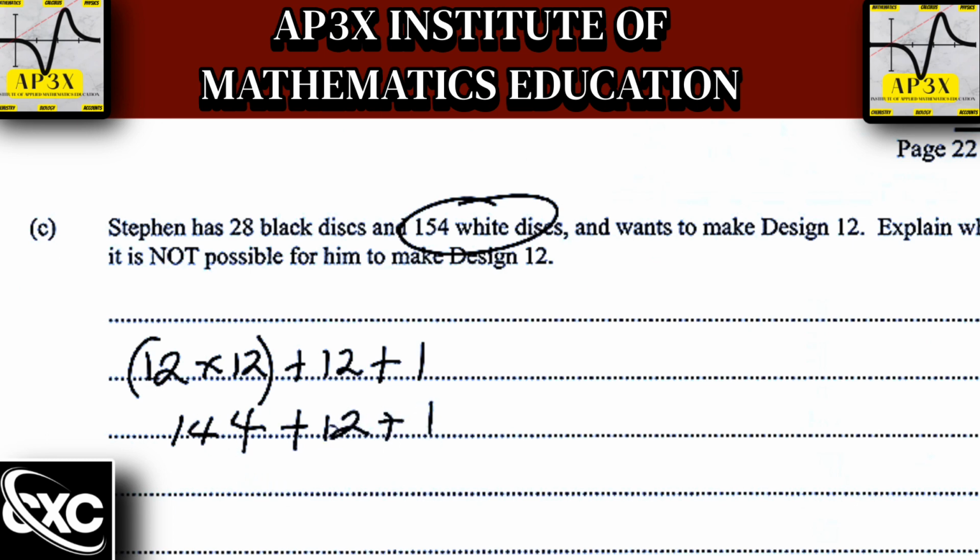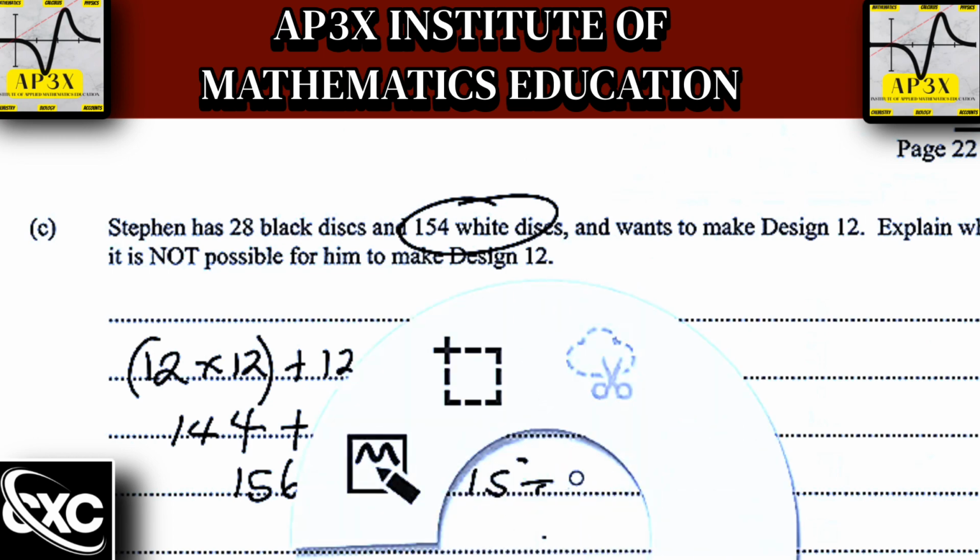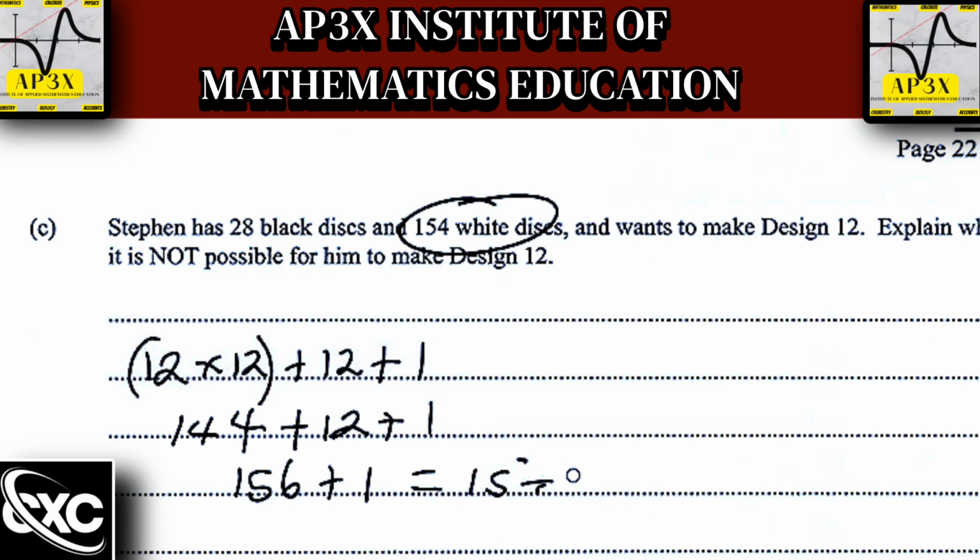So 144 plus 12 is 156, plus 1 is equal to 157. So it requires more white disks than what he has. It requires 157 white disks to make design 12, and he only has 154.